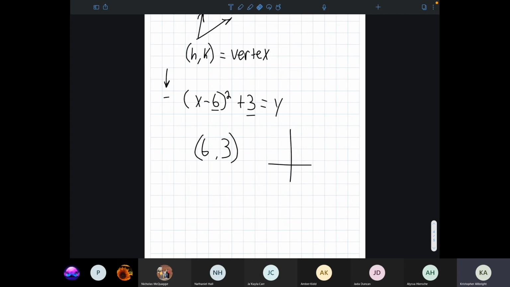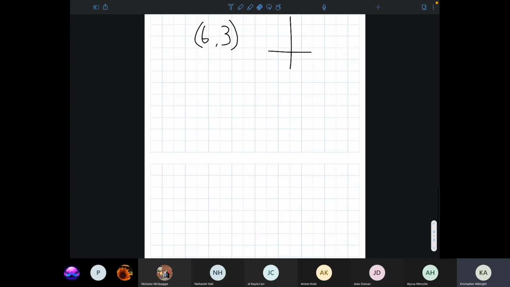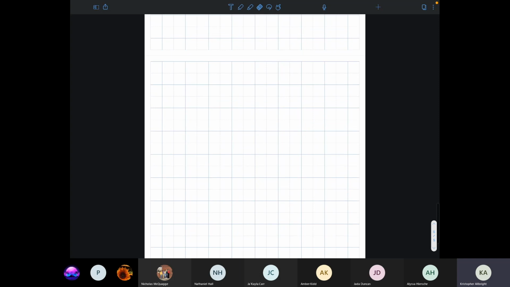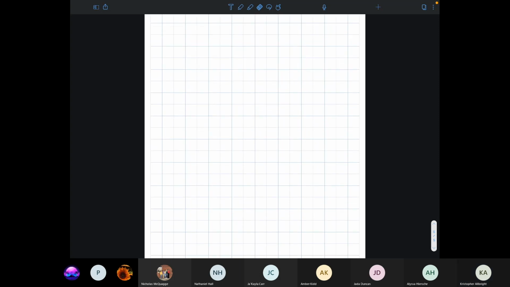So if we go to graph these, I'm just going to work number 1 as our example. The first thing we need to do is find the vertex. Let me write the problem down and then we will start looking for the vertex. y equals negative (x plus 4) squared minus 4.